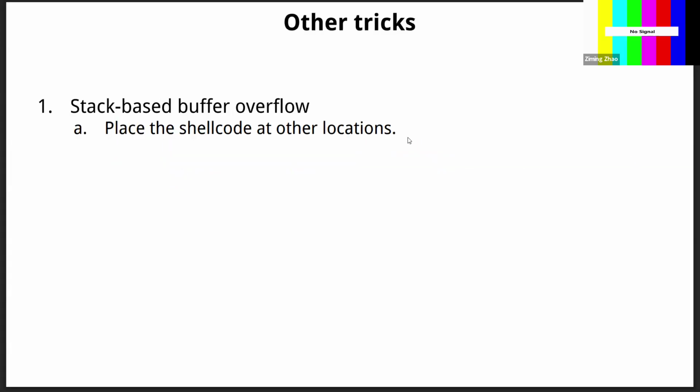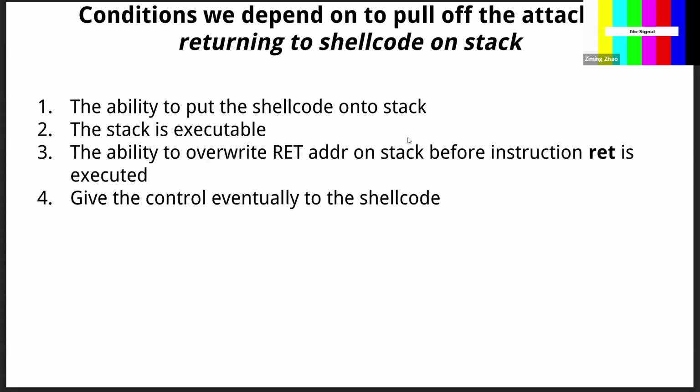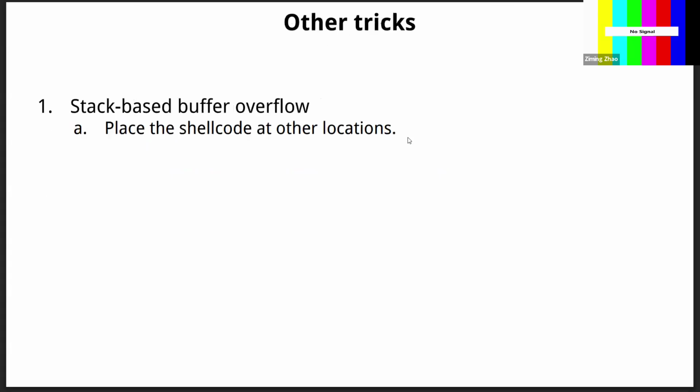We can actually put the shellcode at many different locations. Right now we are putting shellcode on the stack, and there are many different ways for us to put it on the stack. Command line arguments eventually go to the stack. Even if your program doesn't use command line arguments, your shell will copy them to your program.